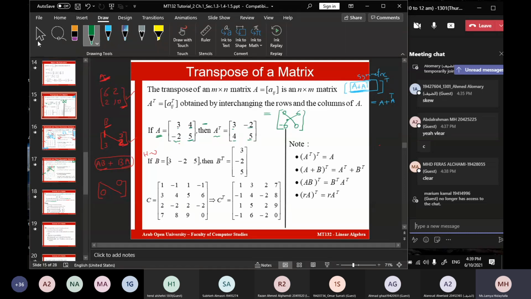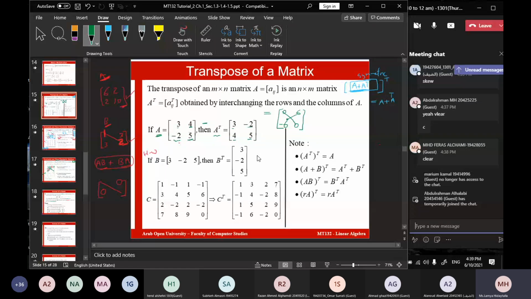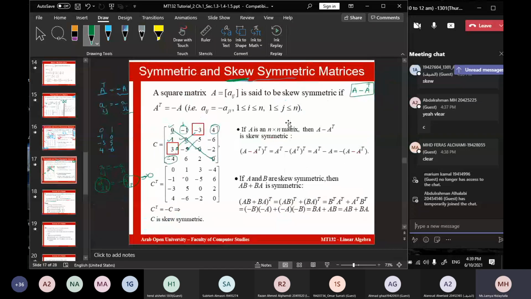By the way, to prove, you cannot prove by examples. You have to prove in a general case that this should work, or otherwise you prove it like what we are going to do. Okay, now I have this A minus A transpose. We want to prove that this matrix is skew symmetric.